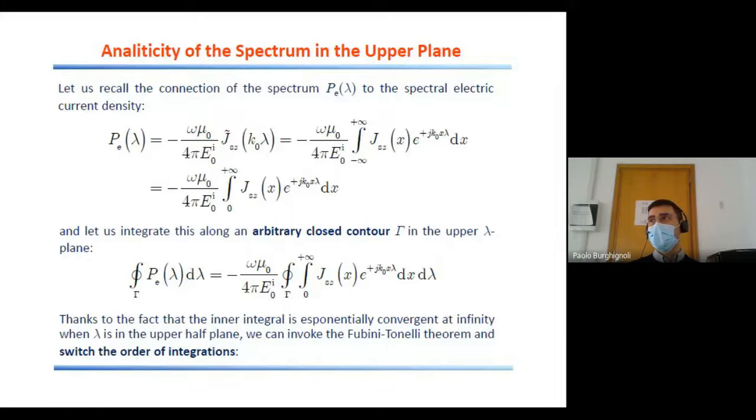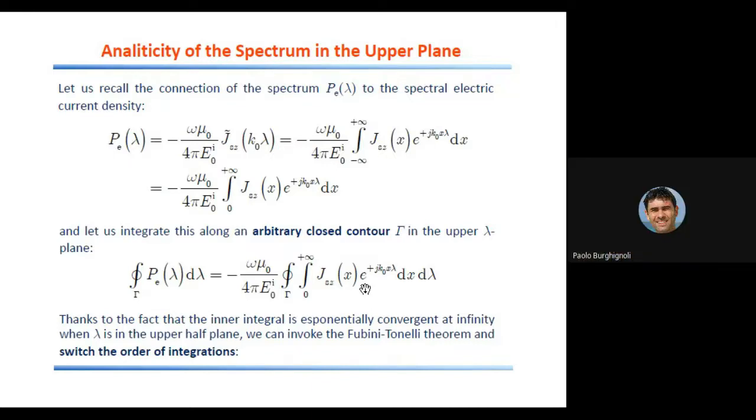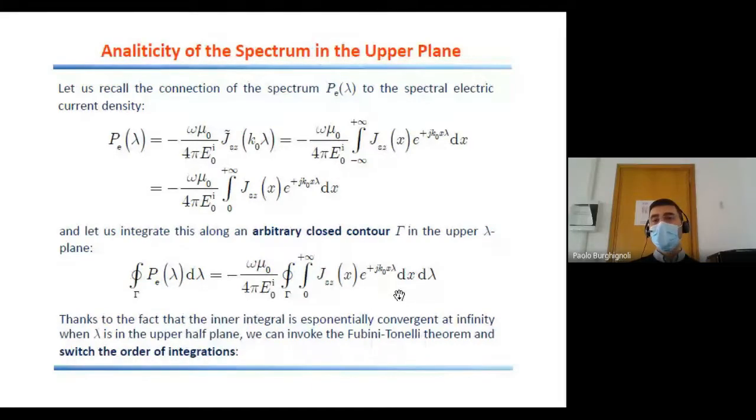However, if you now assume that you are working in the other lambda, these will also converge, and we are in the condition to make use of the Fubini theorem, which is the theorem that allows you to switch the order of integrations in an integration made with respect to more than one variable.